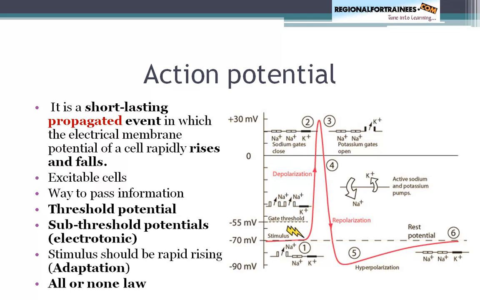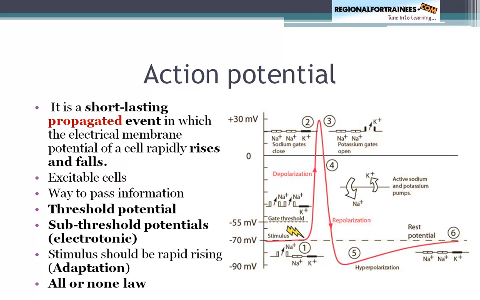So action potential is a short-lasting propagated event in which the electrical membrane potential of a cell rapidly rises and then falls down. And it is a property seen in excitable tissues. It is one of the ways of passing information from one cell to another. It doesn't take place unless the depolarization potential exceeds the threshold potential, here again shown as minus 55 millivolts.